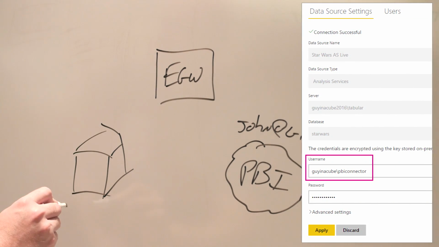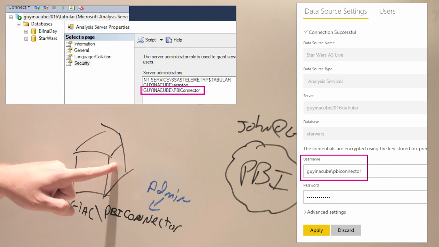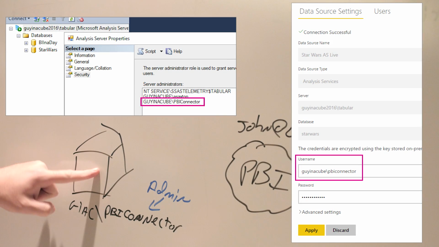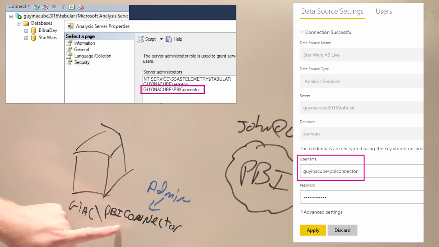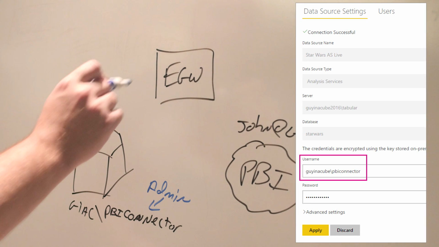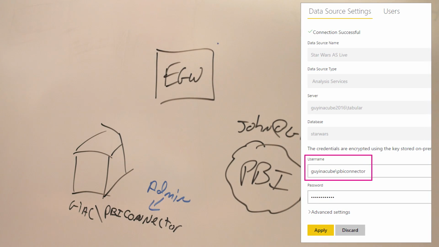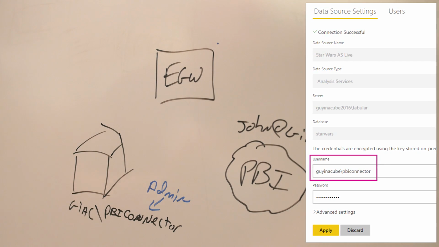That user has to be an admin of the Analysis Services instance. So within the server properties of the Analysis Services instance, this user has to be listed as a server admin. Then that's configured for the data source in the Enterprise Gateway as the credential that's ultimately going to connect to Analysis Services itself.